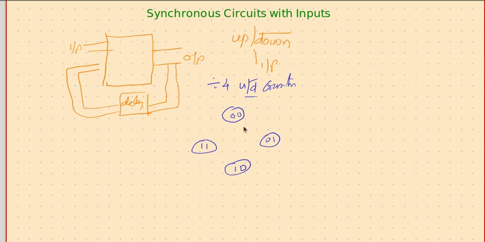So there are two possible sequences. One sequence will do up counting, and the other sequence will do a down counting.